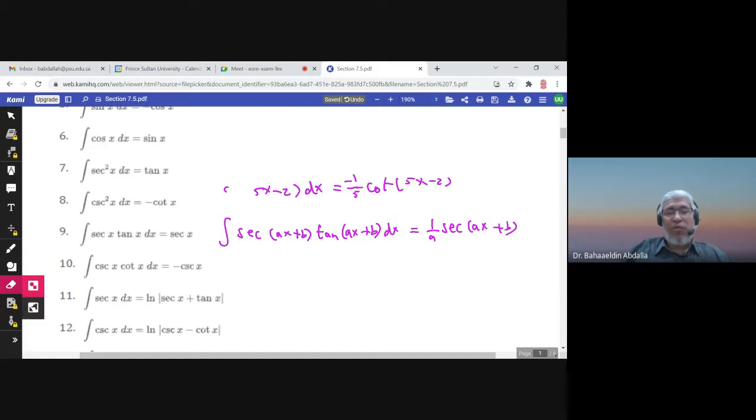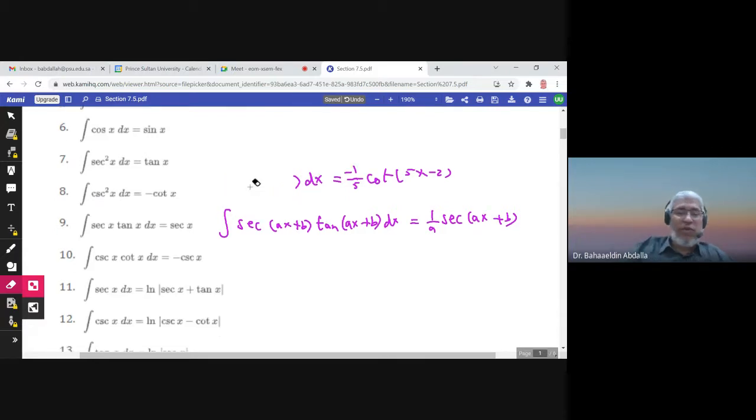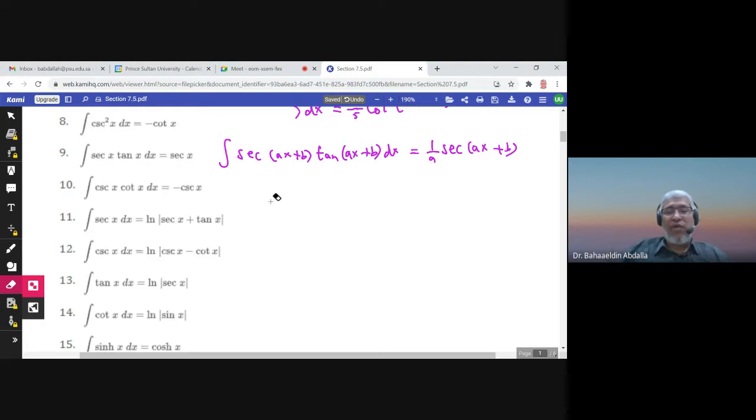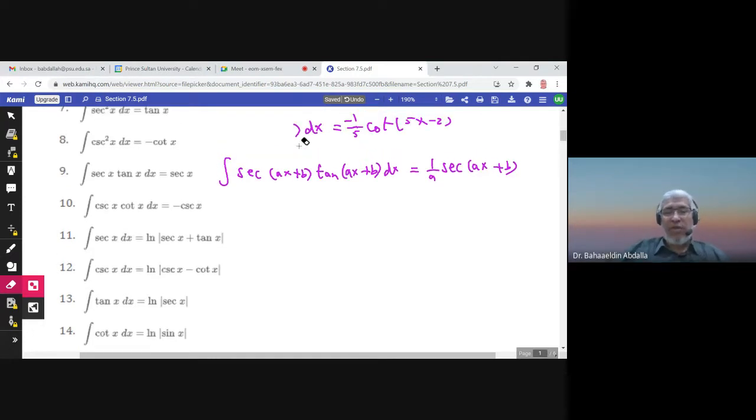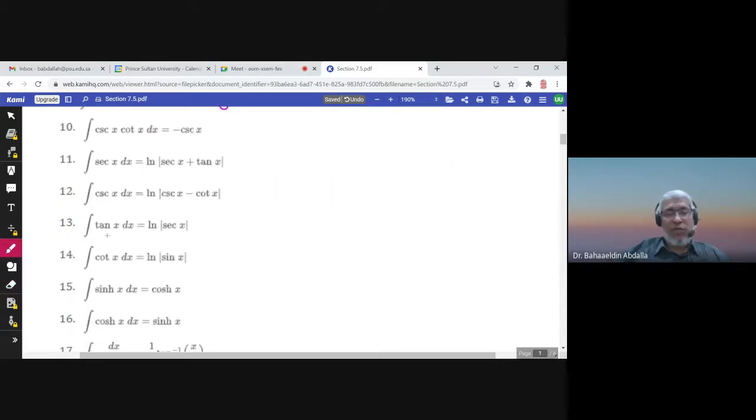For formula 11, 12, you can find these formulas. We illustrated how to prove these formulas. So if you don't want to memorize them, it's okay. For also 13 and 14, you can write tan as sine over cosine and find this formula.